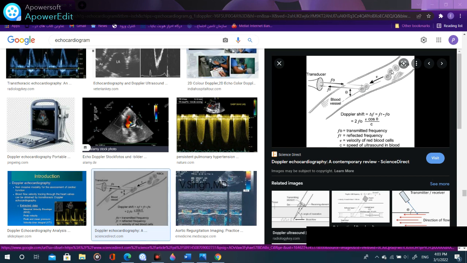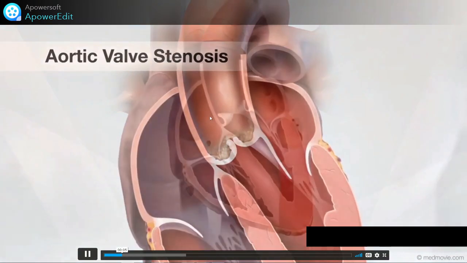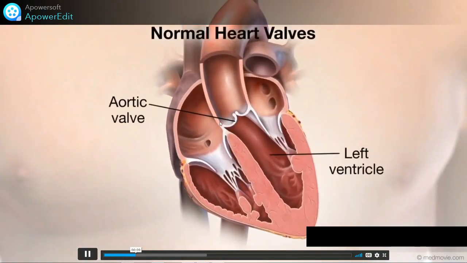It is one wave in the blood. If the RBCs go back in a different flow, we can see it in echocardiography.